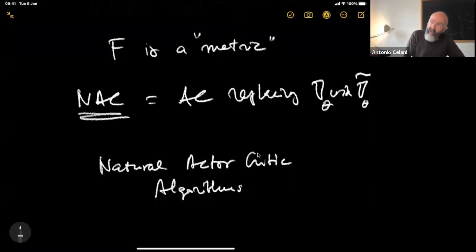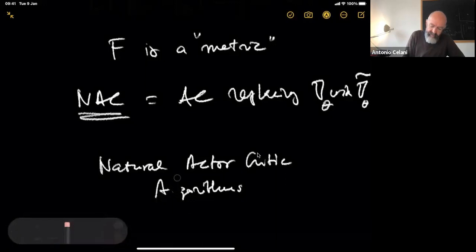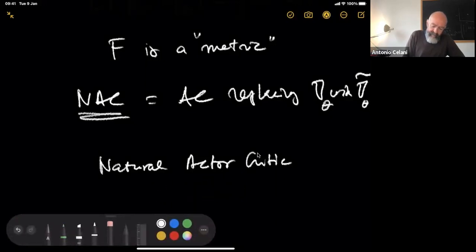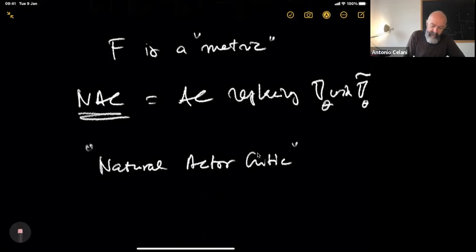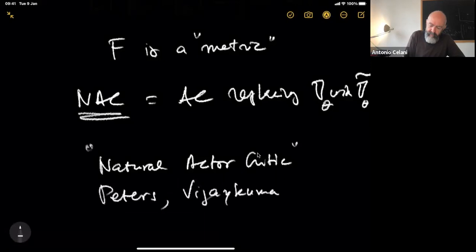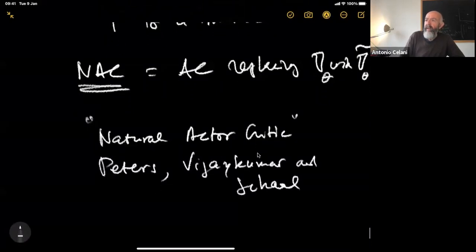Okay. Natural Actor-Critic, no, Natural Actor-Critic Algorithms. And this is a review paper by Peters, Vijayakumar, and Schaal, 2005. Okay, so this is a very interesting paper, which is self-contained and explains with examples the crucial aspects of introducing this different notion of gradient.